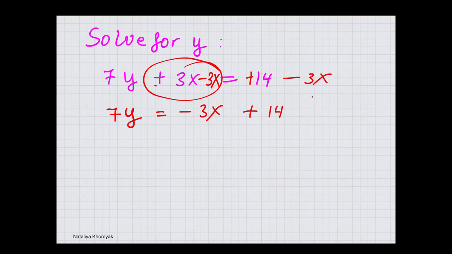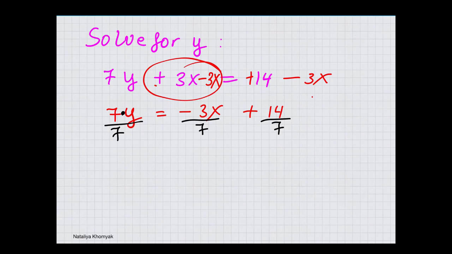Now we have y being multiplied by 7. The opposite is to divide by 7. Whatever you do to one side of the equal sign, you want to do the same to the other side. However, when we start graphing equations, you want to divide each term, which is the same as dividing both sides.